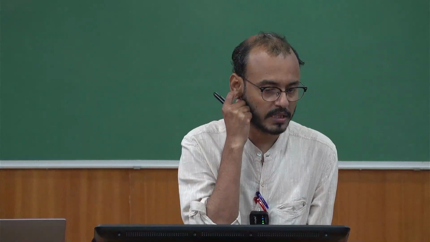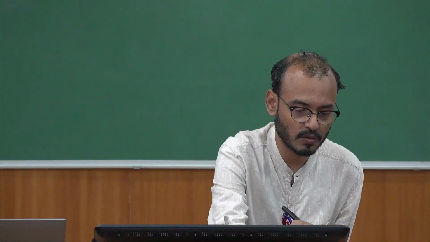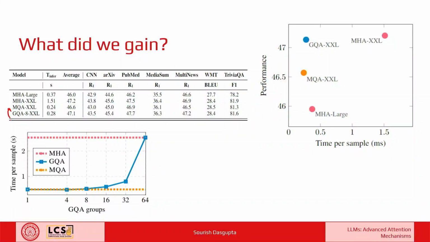Then they tried to understand the differences, GQA versus MQA and GQA versus MHA, right? And what they saw was, on average, the performance of GQA was actually better than even the MHA.